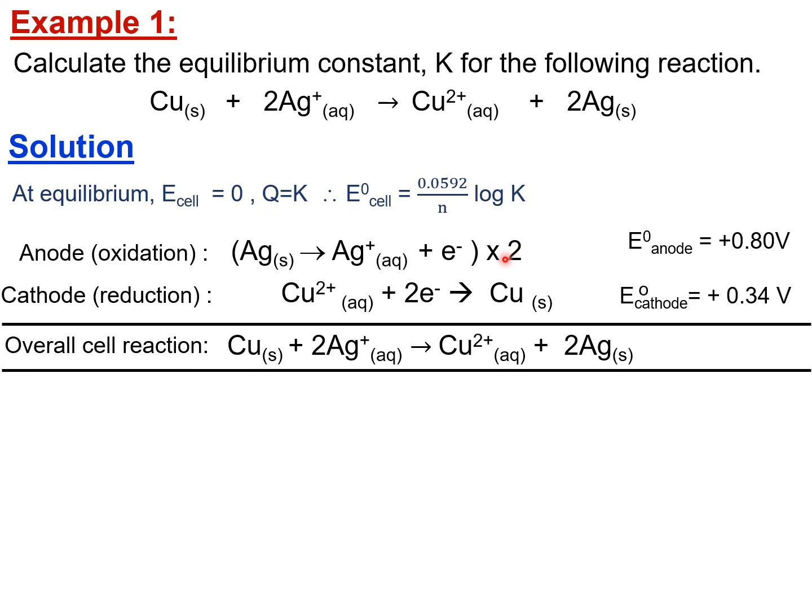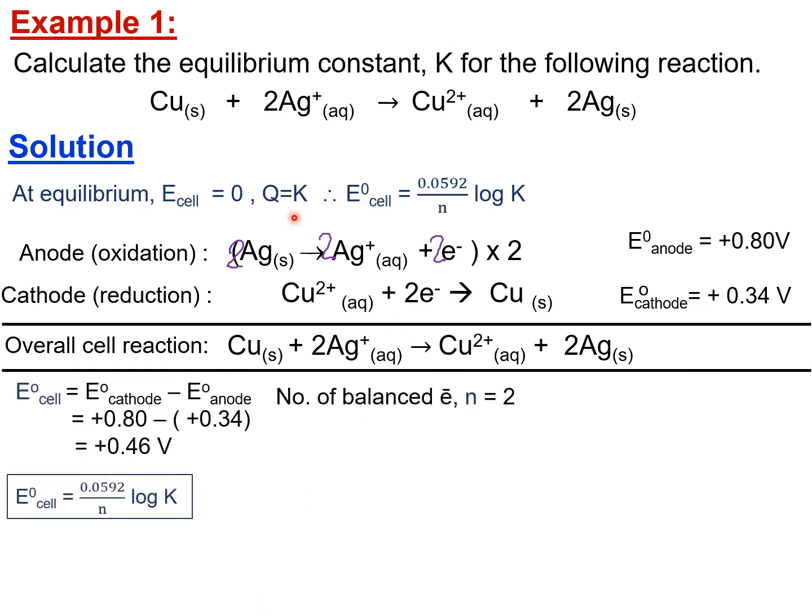Once you have balanced out the number of electrons, 2 electrons, it will become 2 silver solid, and you will get 2 silver ions plus 2 electrons. So now you can cancel out the same number of electrons, and this is the overall cell reaction equation.